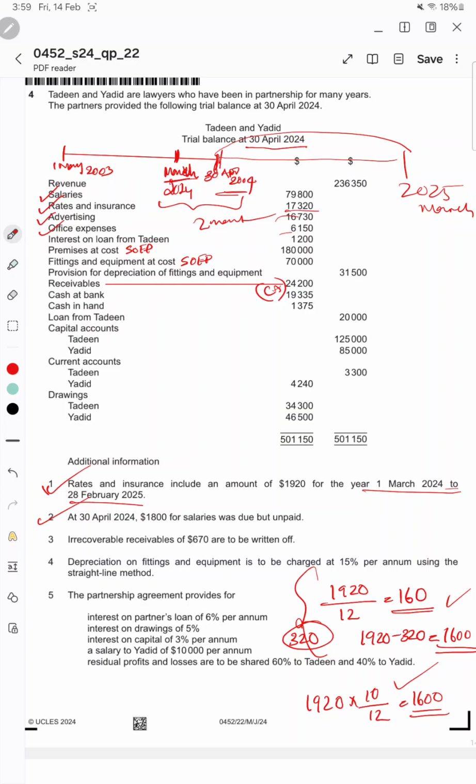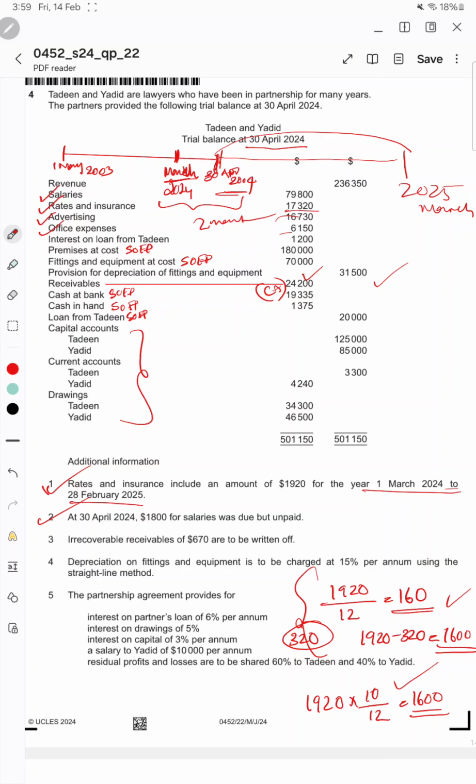Current asset means either it will be prepaid or accrued income, so that also will not come here. Receivables, don't confuse it with the income. It's a debit balance, so all the revenues will be in the credit side. Cash at bank is also SOP. Cash in hand is also SOP. Loan from trader is also an SOP item. And the capital is also an SOP item.